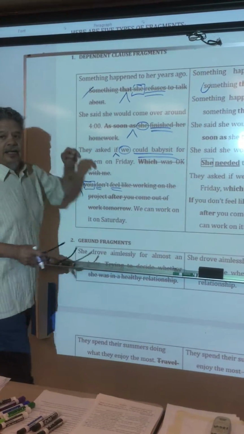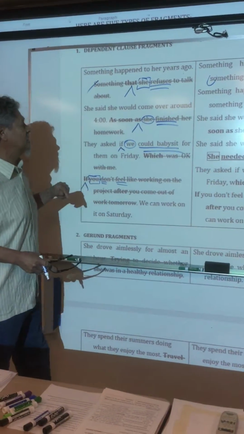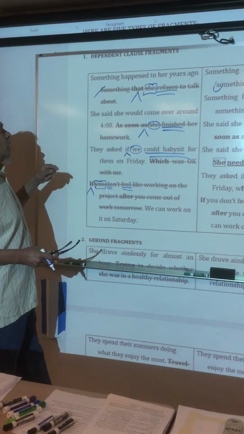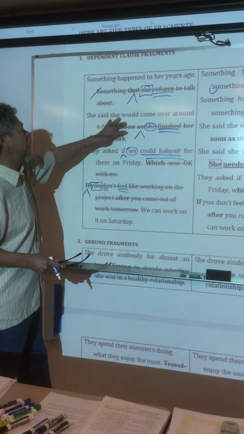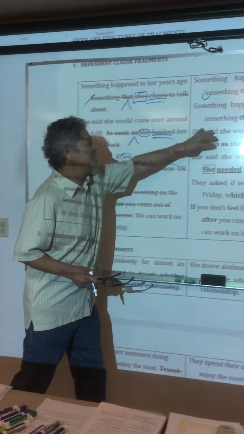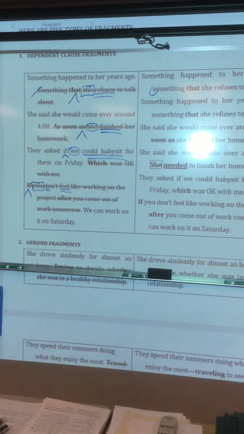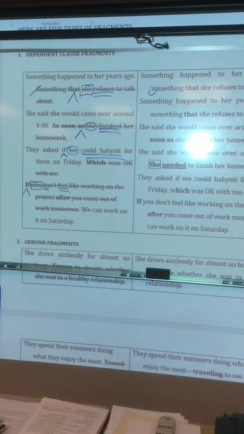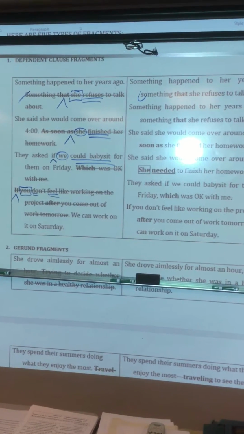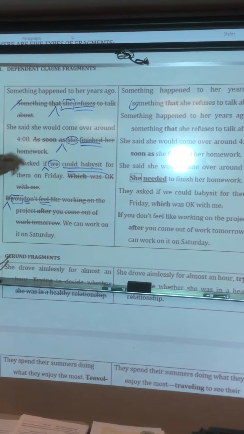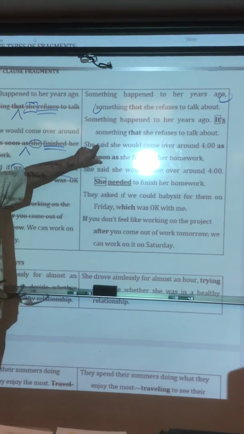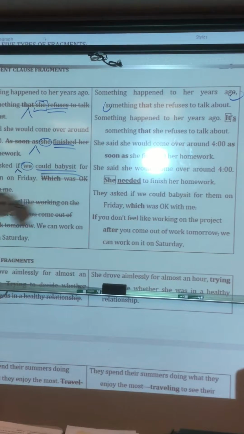Okay, now this is the third example. And in this example, Beatriz, what is the difference between this and this? If you look at this, this is one sentence.